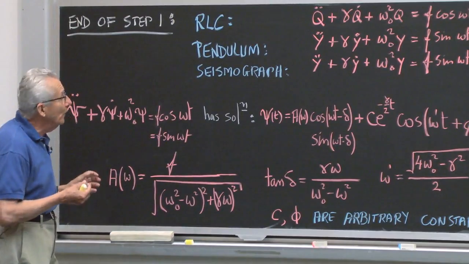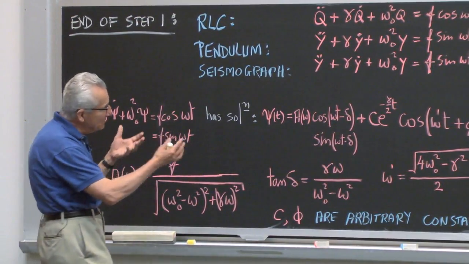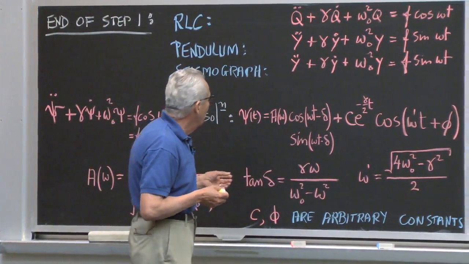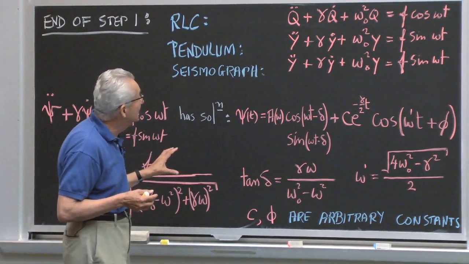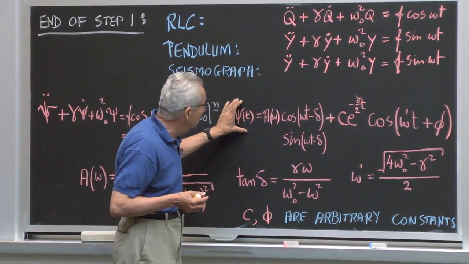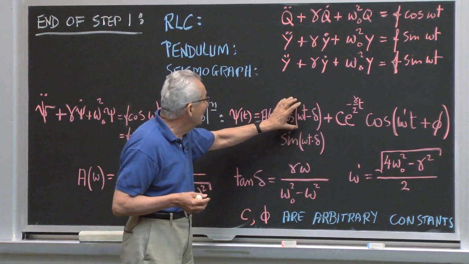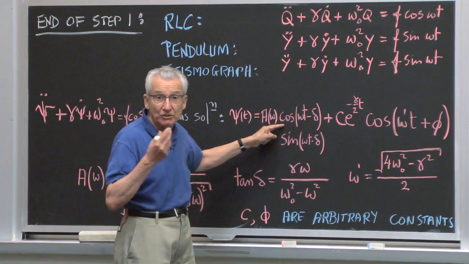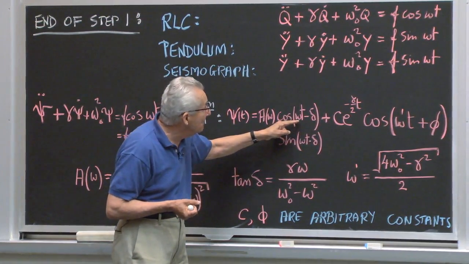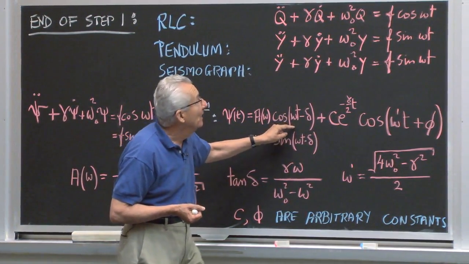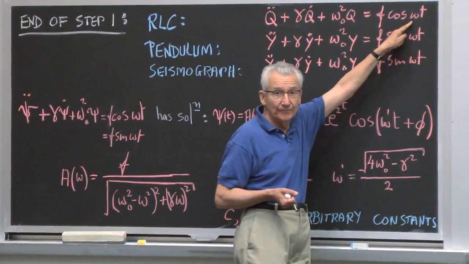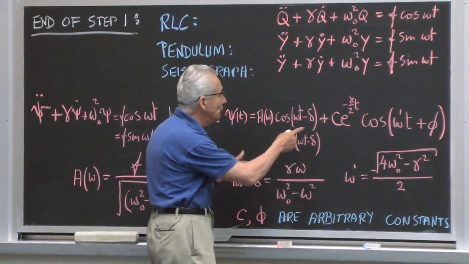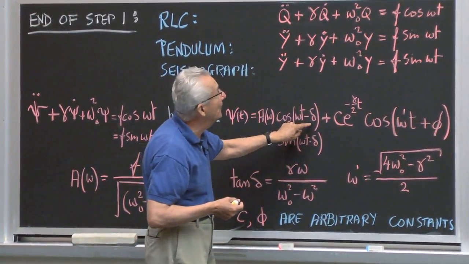Okay, it's also worth looking at what the mathematics of this looks like. What this looks like is that the solution to these equations is some function with a certain amplitude which is oscillatory with the same frequency as the driver. So this is just an oscillatory function. It's got a different phase to that.